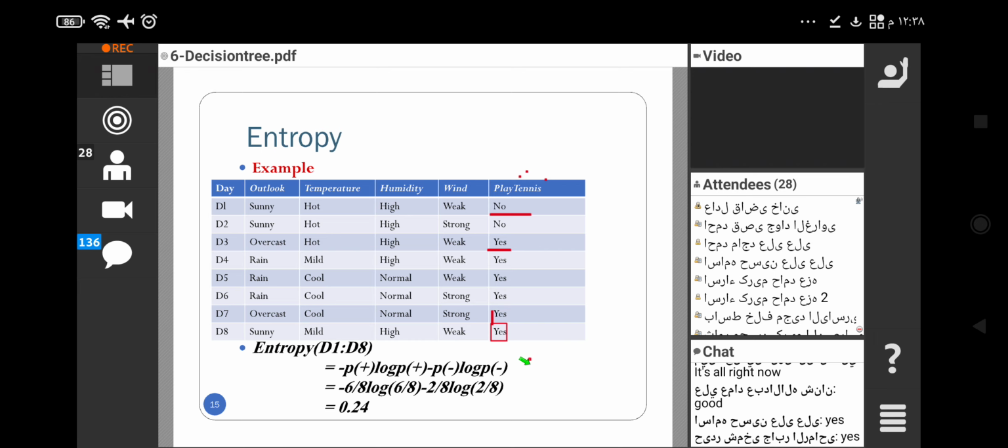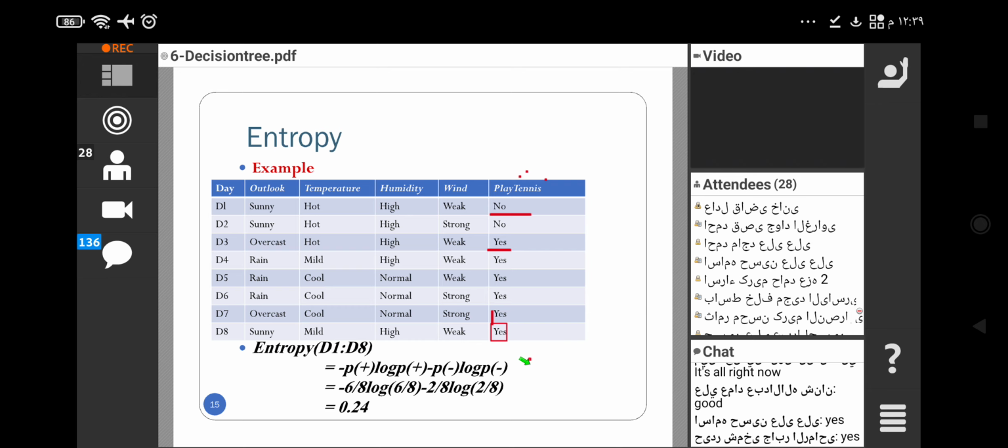Zero entropy means that all of the data have the same class.